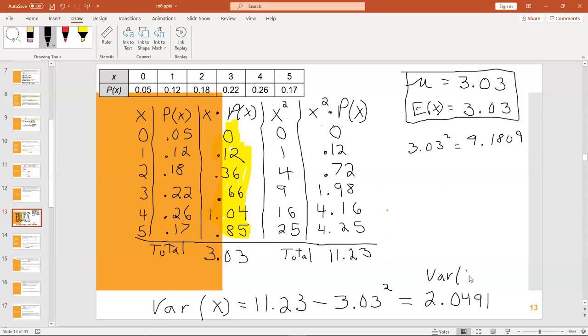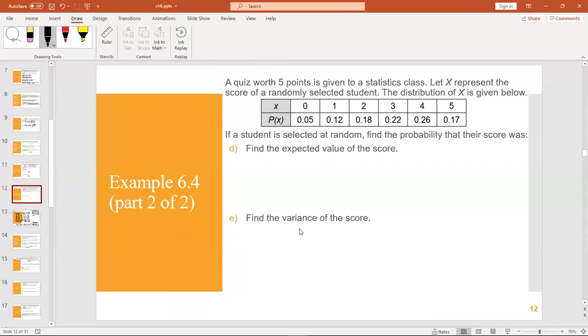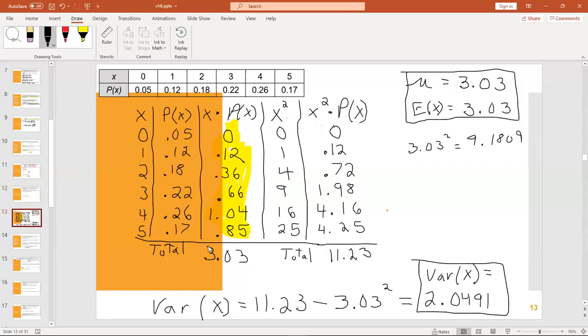Please make sure to read the fine print. If it asks for variance, be sure to give the variance. Some questions might ask you for the standard deviation, which we've seen before, that's sigma. If you are ever asked to provide the standard deviation, you need to take the square root of the number that I just found. Now this example asked for the variance, that's what we're giving them.